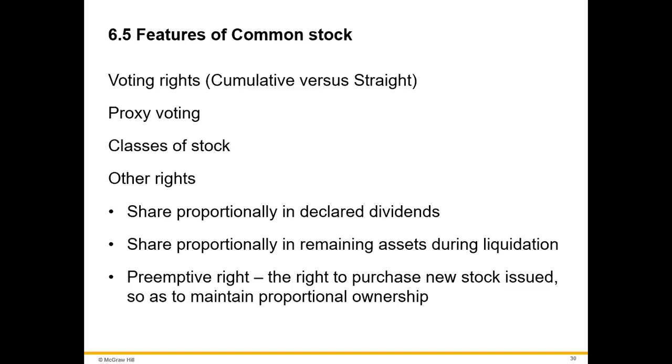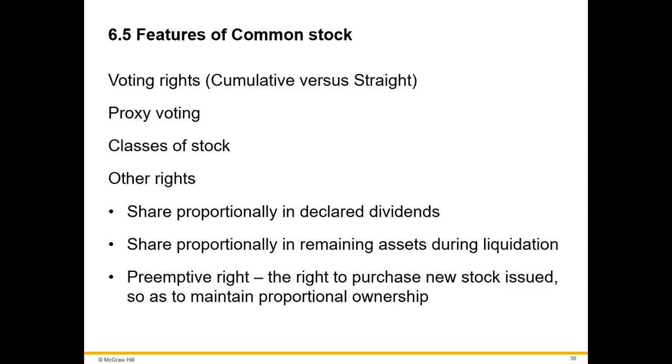And then finally, the preemptive right. These stockholders have the right to retain their ownership percentage when new stock is issued. So I don't have it up here, but if you want to write these numbers down, you own currently 100 shares of a company's stock when they have 200 sold.